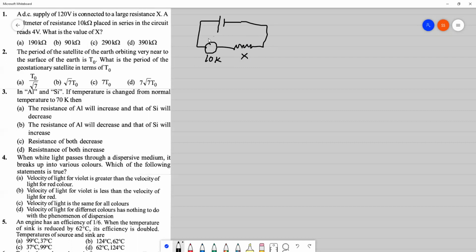The voltmeter reads 4 volt and the supply is 120. If two resistors are connected in series, then the total EMF will be divided in the ratio of their resistances. So the potential drop across the 10K voltmeter is 4 volt.